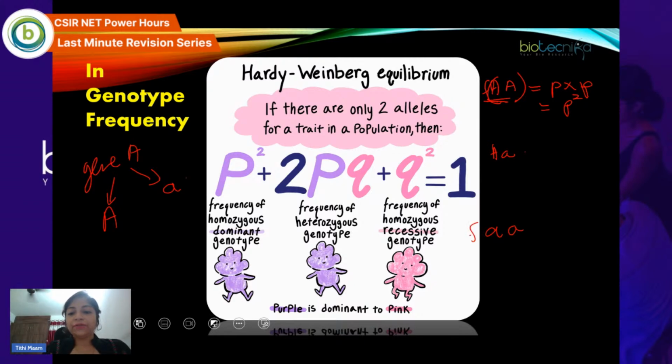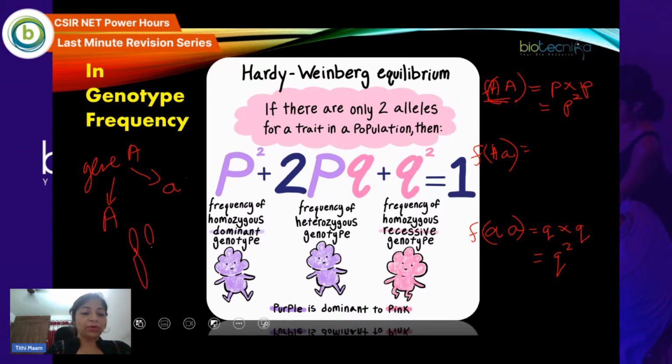What about the frequency of homozygous recessive? Again, it will be q multiplied with q, so it becomes q square. What about the frequency of heterozygote? How do we write a heterozygote? If I write a homologous chromosome like this, if this one has capital A, the other one has small a. But this is a heterozygote.